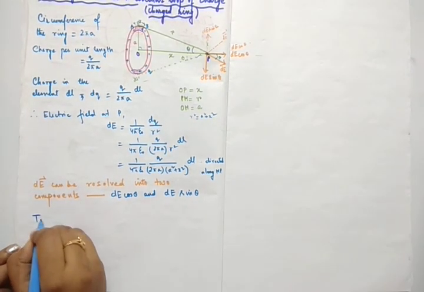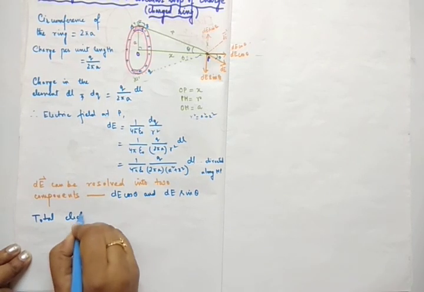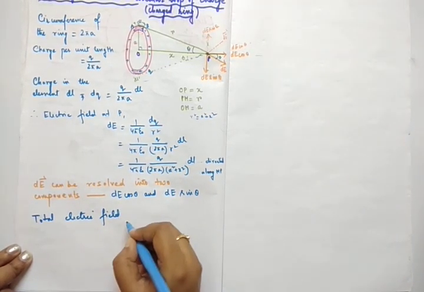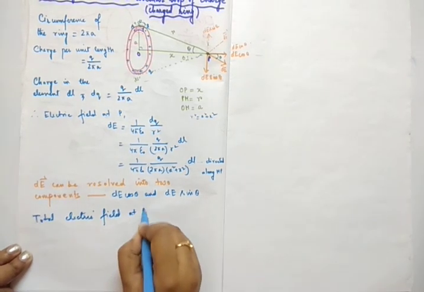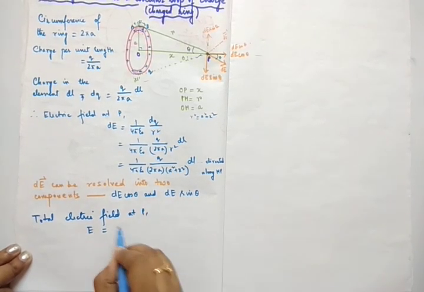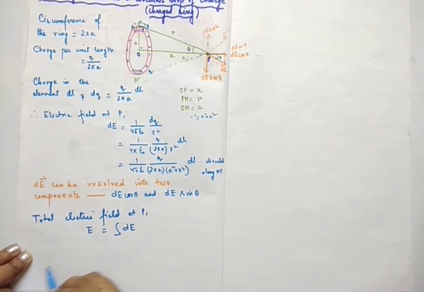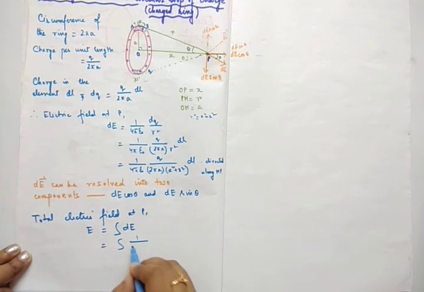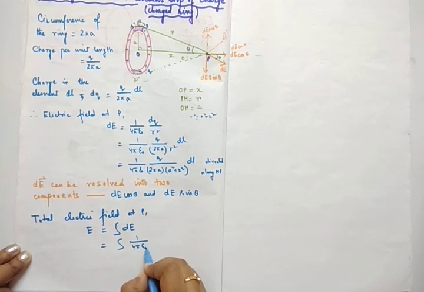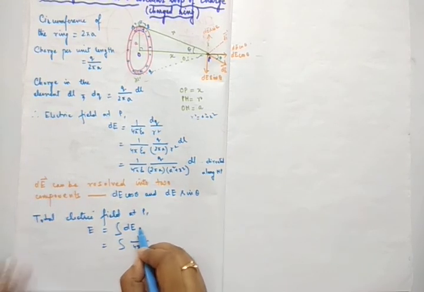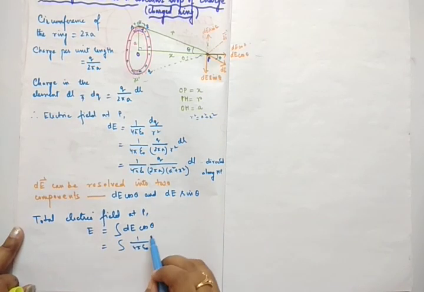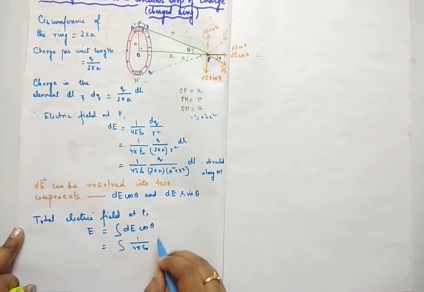So therefore the total electric field at P will be E equals the integration of dE cos theta, because we are taking only the axial component, that is, the dE cos theta components will all be included.